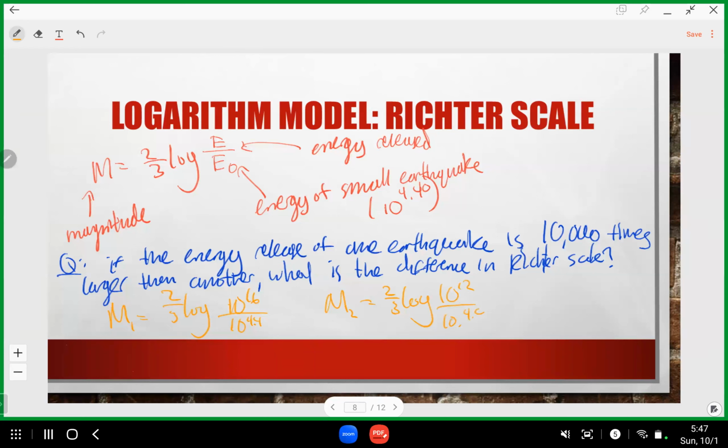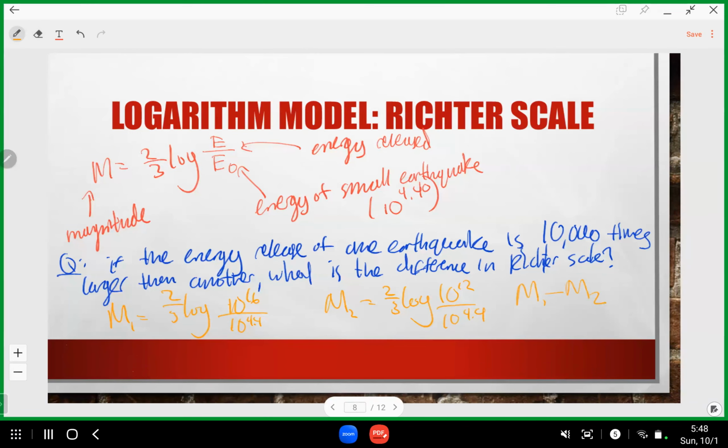And then after that, the difference in the Richter scale is M1 minus M2.